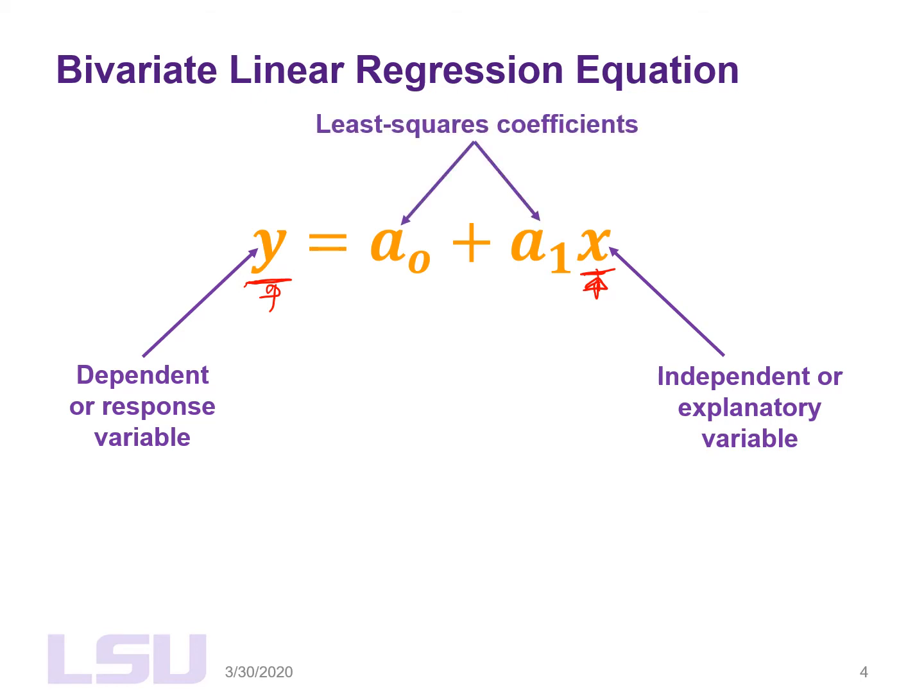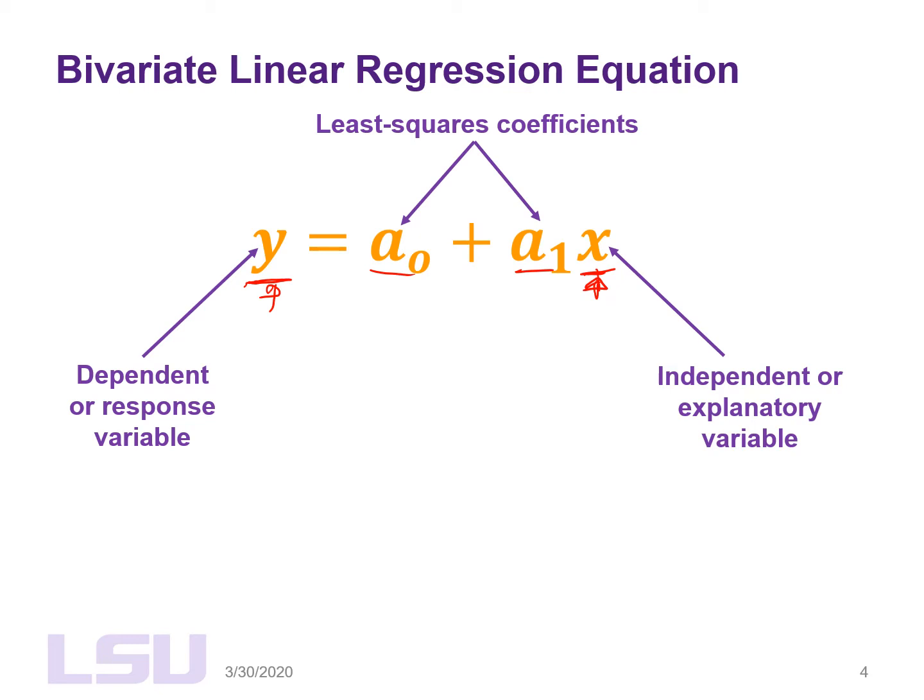The other two terms are coefficients. They are called least squares coefficients. And the reason is because the process by which we find those variables is called the process of a least squares fit. So we'll be finding the line that best passes through the data set by minimizing the least square error.